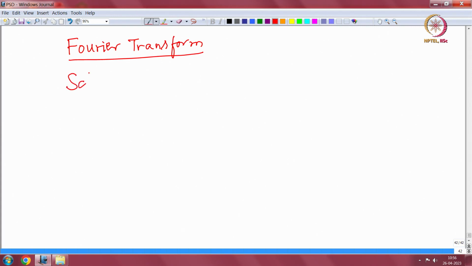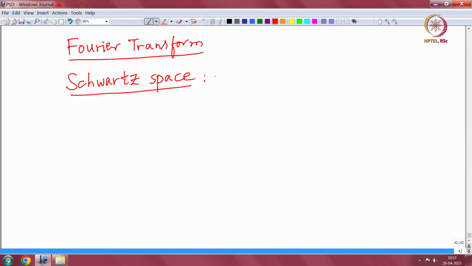So, this is called Schwartz space, Laurent Schwartz. Okay, so he introduced this class of functions which are well suited to analyze PDEs in the free space, that is on the whole space Rn.